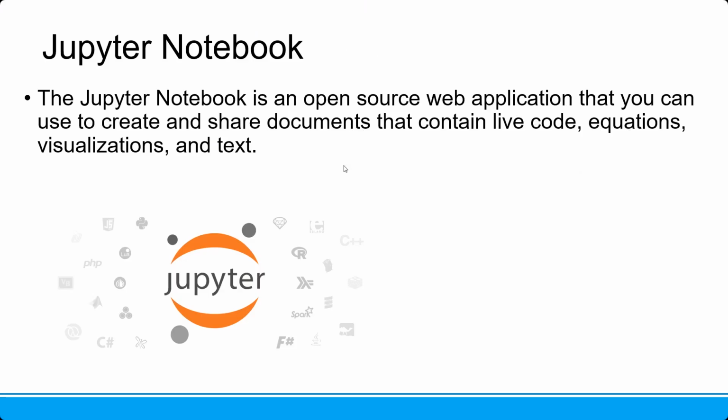So the word live code, actually, if you use the Google Colab or if you use the Jupyter Notebook with the web, you can share it to other people. But I think in this class, we do not learn about those things. So I will just use the Jupyter Notebook to write the text and then to write maybe some equations or visualization and the Python code.